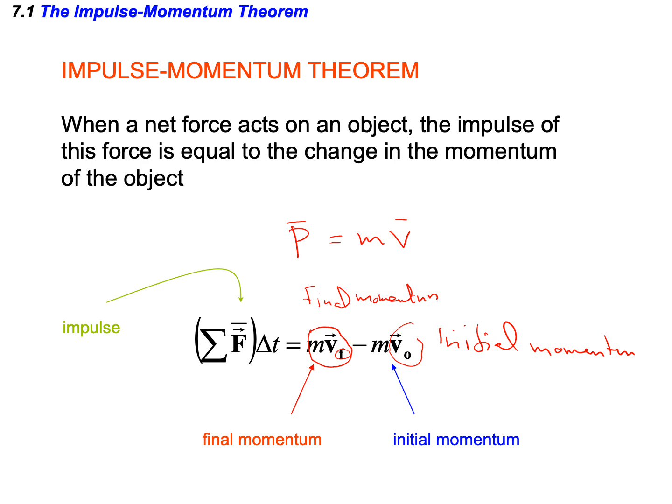So impulse F delta t is the change of momentum. When a net force acts on an object, the impulse is equal to the change in momentum of the object. Momentum is mv final minus mv initial, the change of momentum, which is equal to impulse.